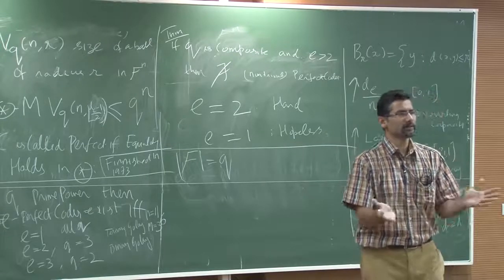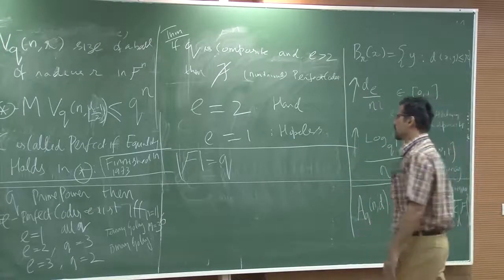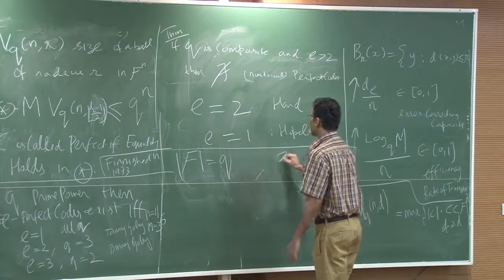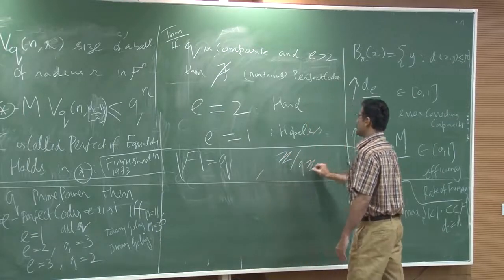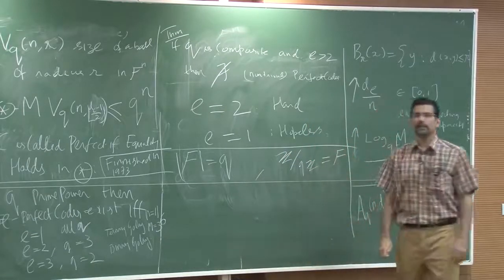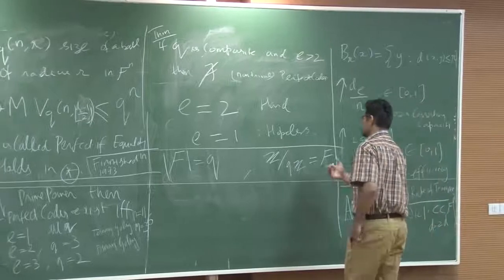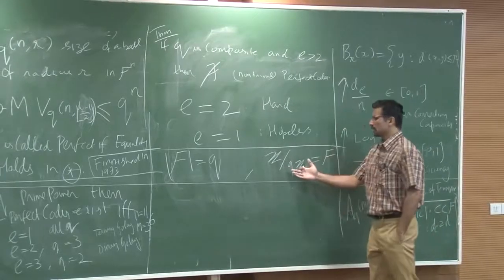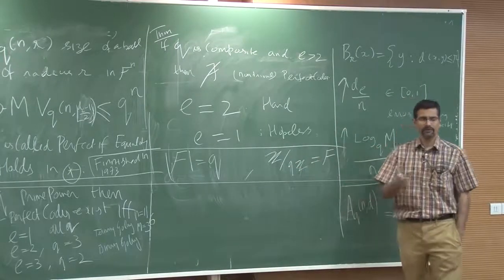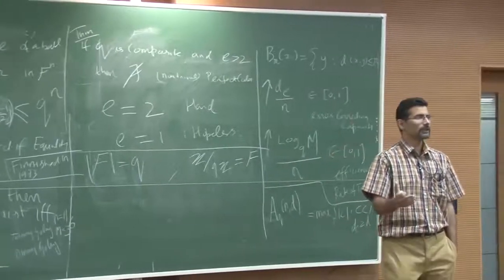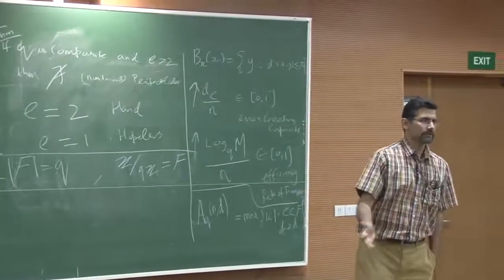So the actual set, what it looks like, doesn't matter. If I find it useful, I may assume that my alphabet is integers mod q. So you have remainders 0 up to q minus 1, and q goes back to 0.